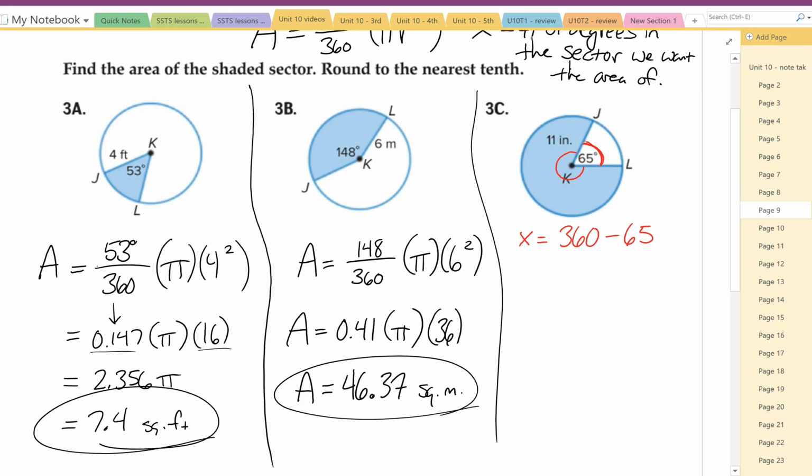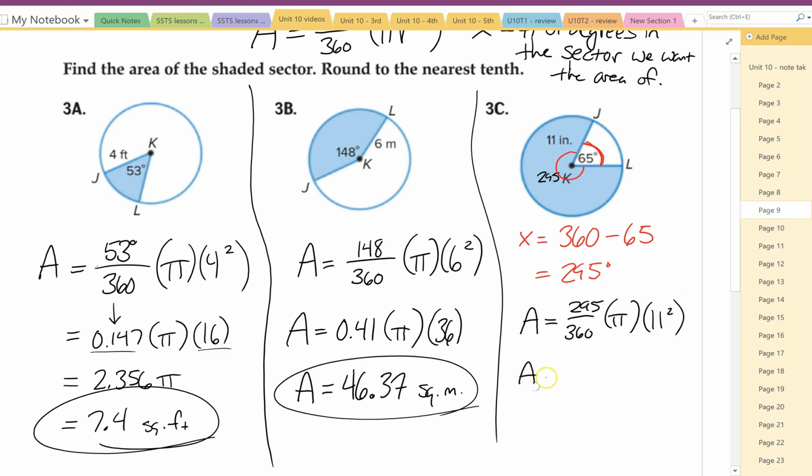All right, well, 360 minus 65 would leave me with 295. Okay, so now I know x, and now I can create an equation to solve this. So the area is going to be my 295 over 360 times pi times r squared, and the radius here it says is 11 inches.